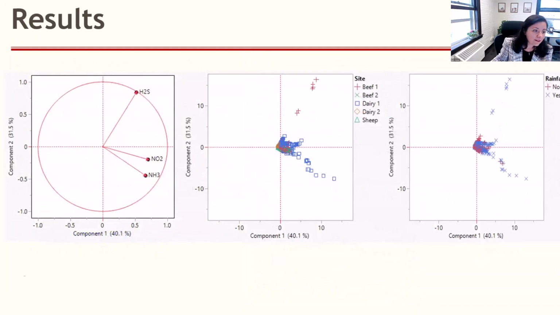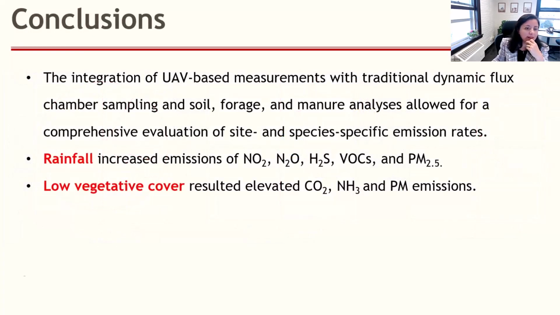And this is our statistical analysis. We wanted to see the impact of rainfall, so you're seeing yes, rainfall or no rainfall before our site visits. Rainfall events affected our H2S, NO2, and NH3 emissions. And then it is kind of difficult to say dairy was higher than beef or sheep was higher than beef.